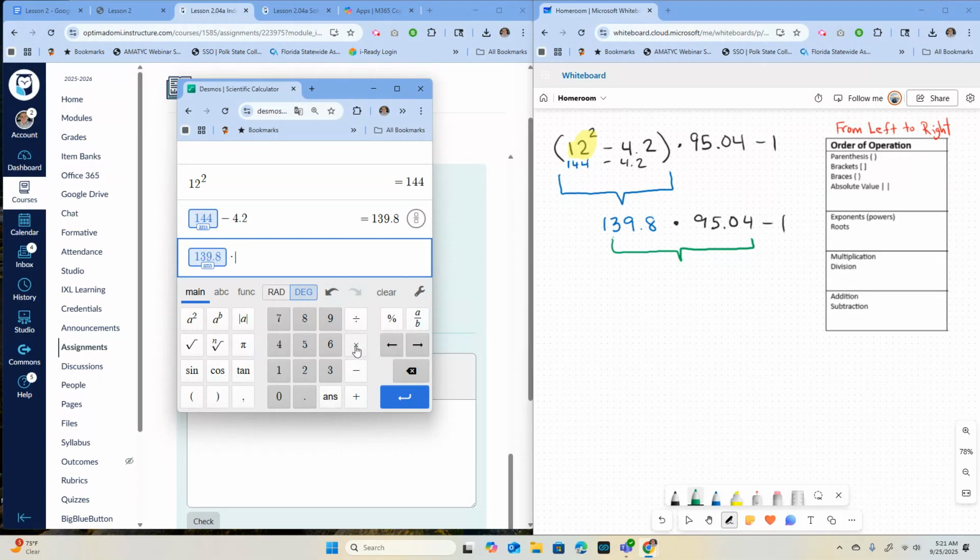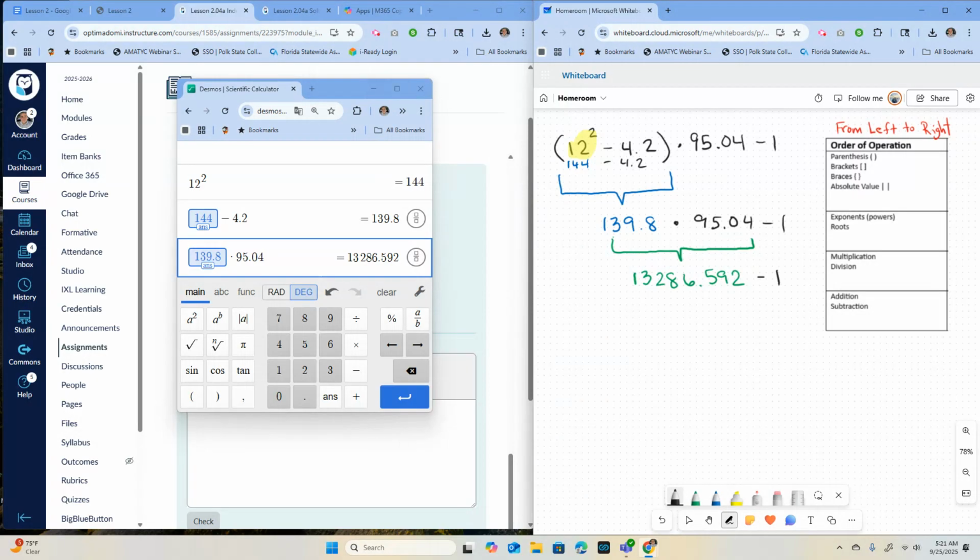And then you can multiply by 95.04. And you can see I got this long decimal. So we have 13,286.592. Okay, do not do any rounding unless the instruction says so. I have not used yet the minus 1, so I'm gonna put it back in.